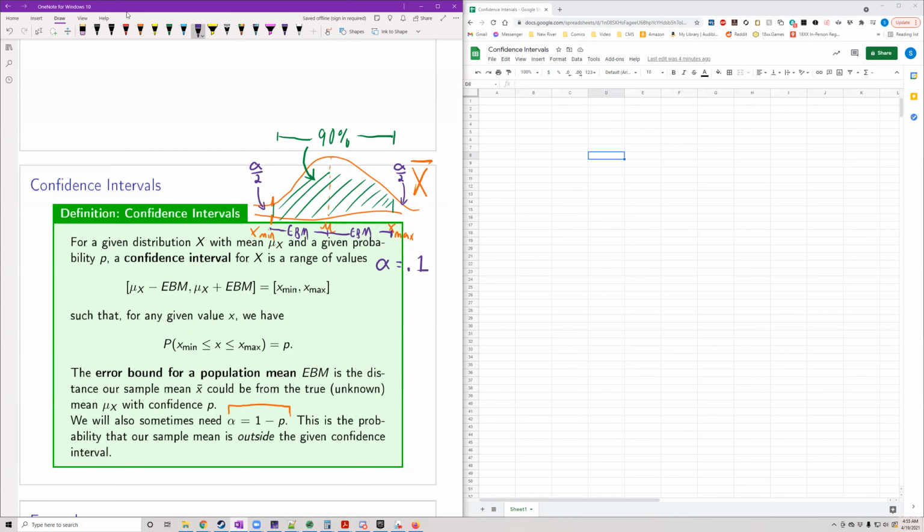And that alpha over 2 will show up again, so we'll want to keep that in mind. We'll sometimes call the 90% the confidence level, or alternatively, simply P. In any case, our alpha and our P will add up to 100% or add up to 1.